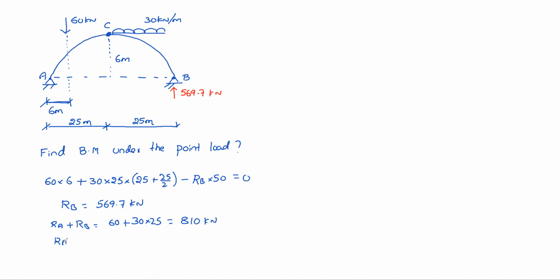So RA equals 810 minus 569.7, which is 240.3 kilonewtons.